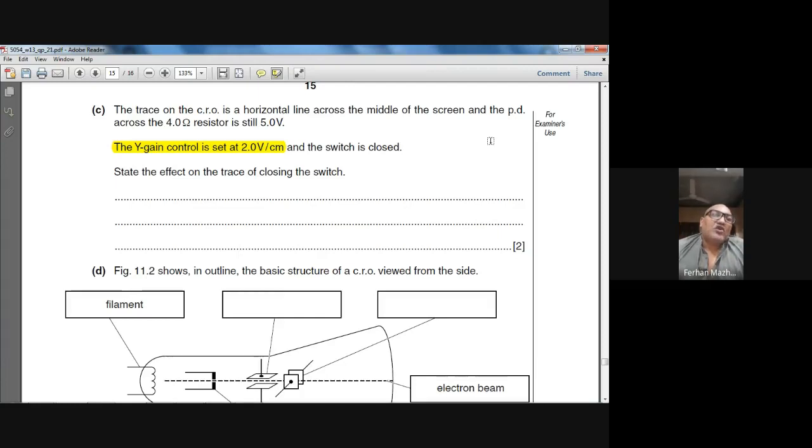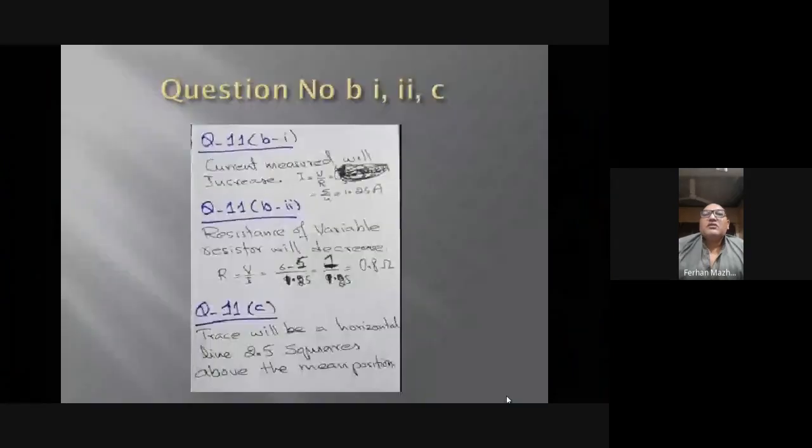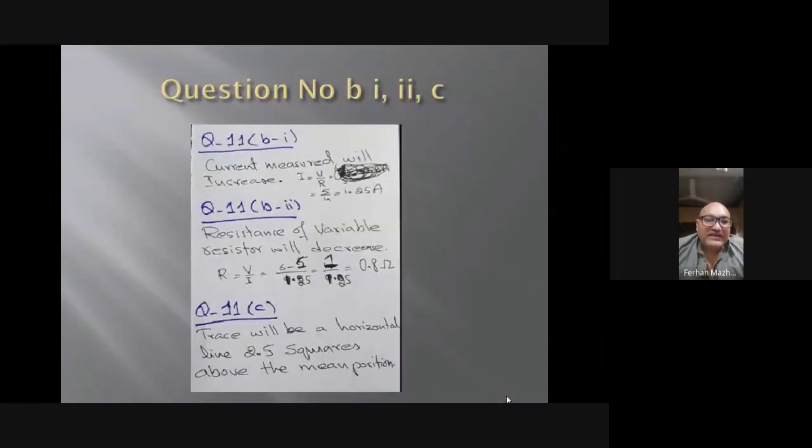So the trace will be a horizontal line. It will be 2.5 centimeter above the mean position. I've written this answer on a paper, and let me show you. Trace will be a horizontal line 2.5 squares, or 2.5 divisions, above the mean position.